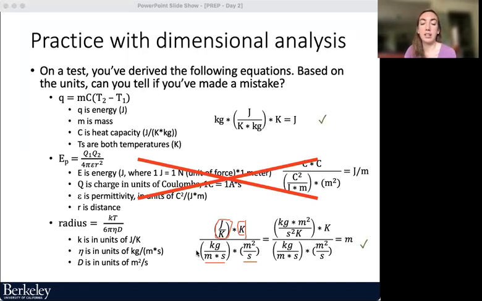And then the next thing I'm going to do is expand everything into SI units. And so this is kilograms, meters, second, Kelvin. So these three terms are already in fully SI units. But this one, the joules, are not an SI unit. Joules are a derived unit related to force and distance.